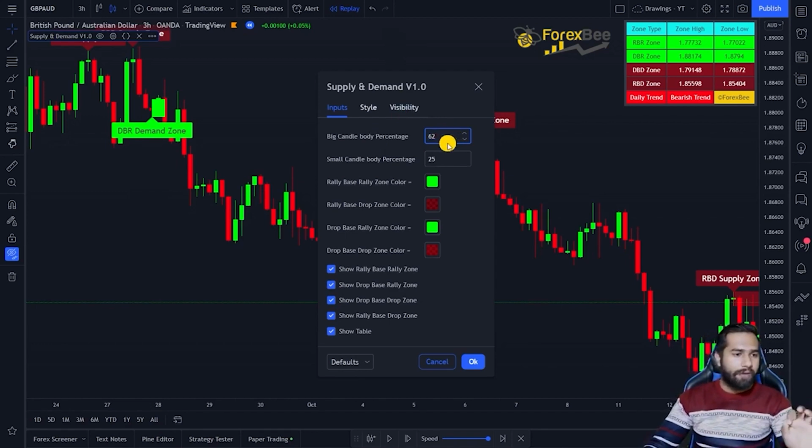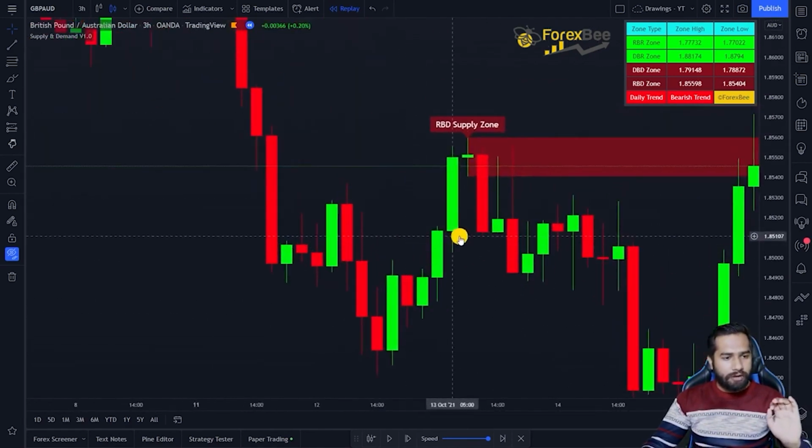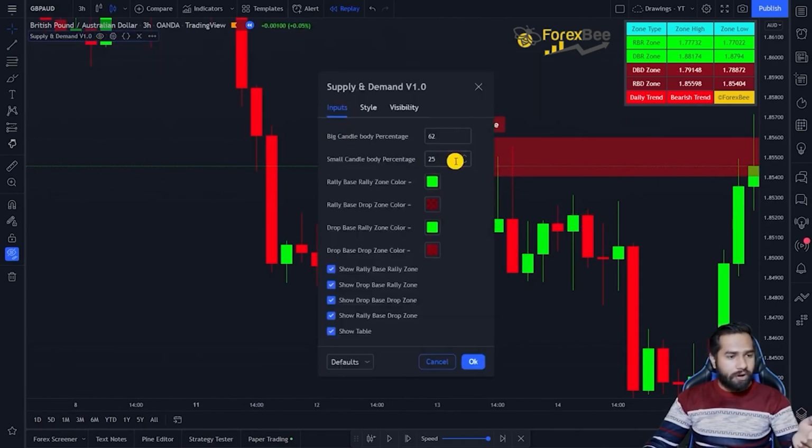Now here you can see I have put 62 for the big body candle percentage, which means that the overall body of this candle should be greater than 62%. As you can see here, the body of this candle is greater than 62%. And then I have also put that the small body candle percentage should be less than 25.